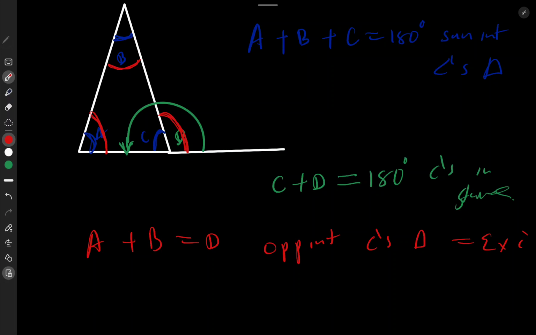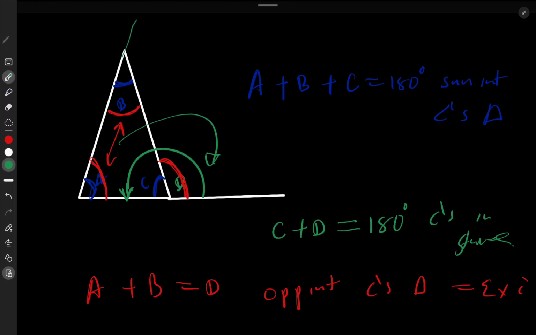They just say two opposite angles inside the triangle are going to give you the outside angle. It's always like that. Maybe if they extend the line here, that means this plus this will give me this. I hate that, I just ruined my drawing. But you get the point, right?